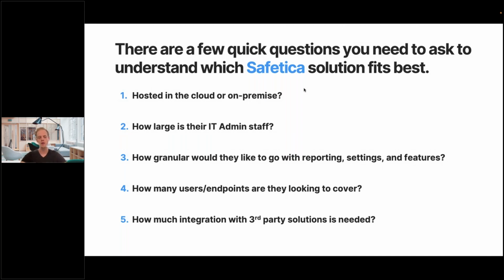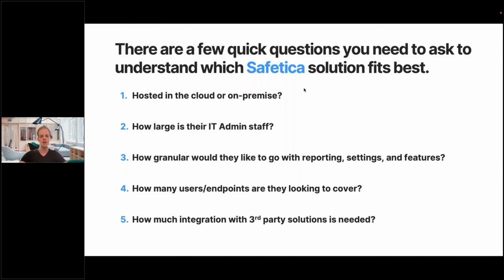Now, another question to ask, which is a very vital question as well when determining if the client would be looking for something like Safetica 1 or Safetica Next, is how large is their IT admin staff? Of course, it all depends on the size of the organization. Let's say the organization is anywhere from 50 to 100 employees, users, endpoints, what have you.